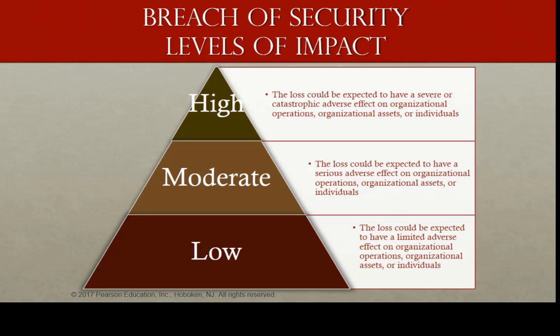It could result in major damage to organizational assets. It could result in a major financial loss or result in severe or catastrophic harm to individuals. It may cause harm or loss of life to personnel.